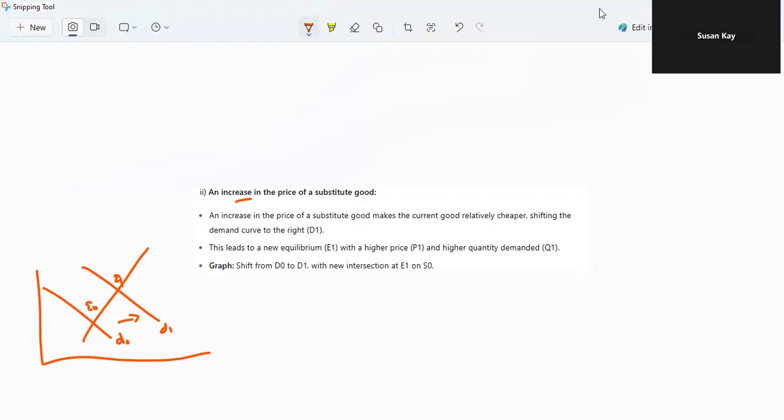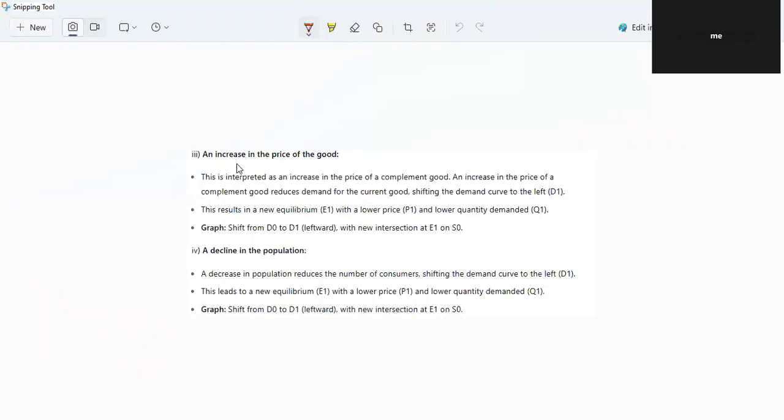So what happens if there's an increase in the price of that good? If it's a complement, it will shift. But if you're dealing with that particular good, it will move along the curve.